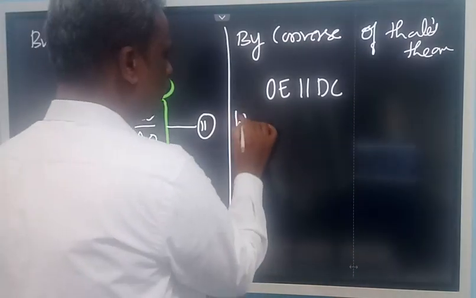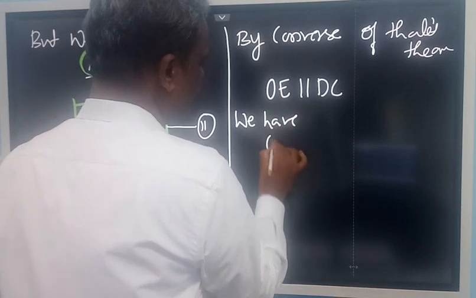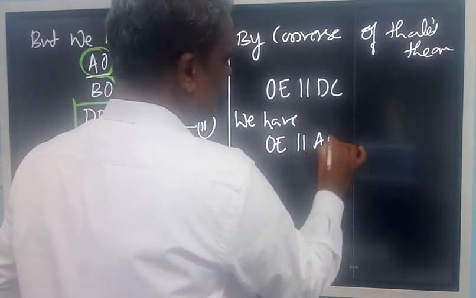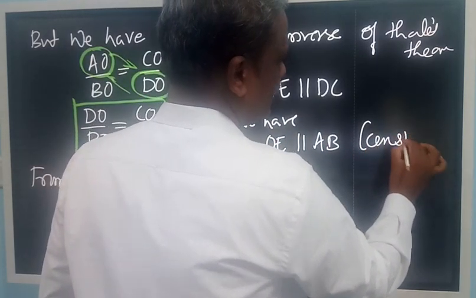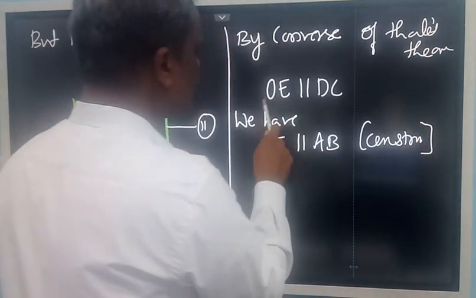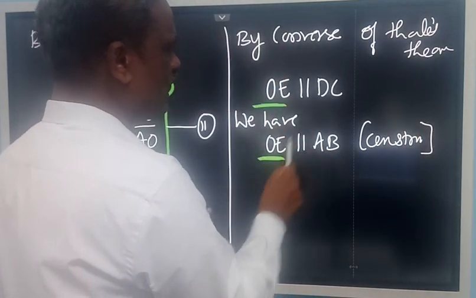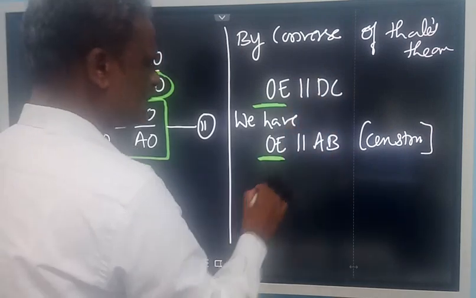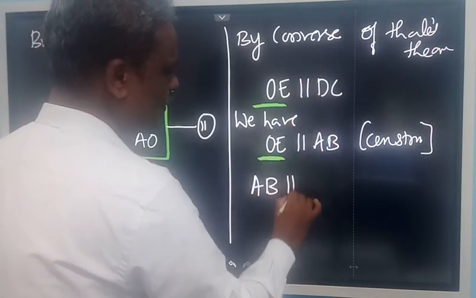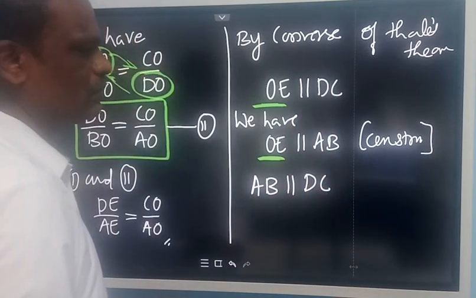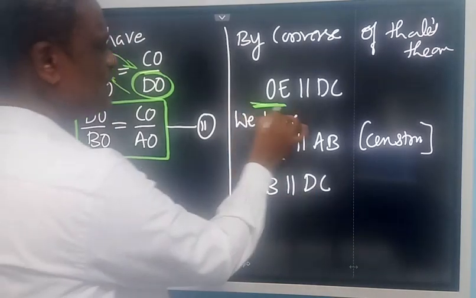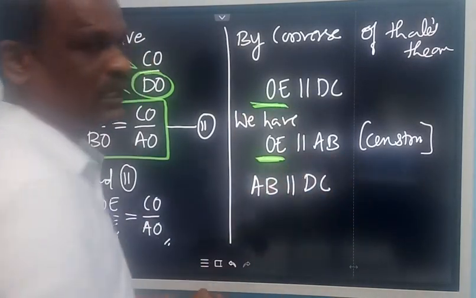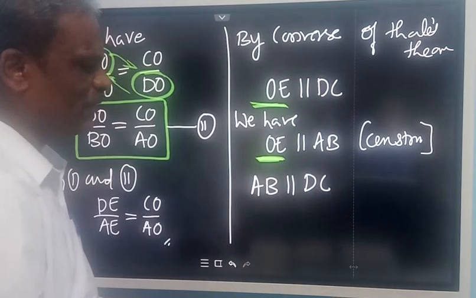So OE is parallel to AB in the construction, and OE is parallel to DC. Since OE is parallel to AB and also to DC, AB and DC must be parallel.